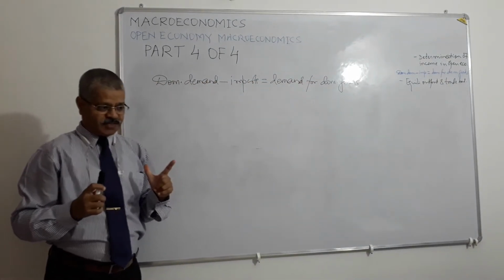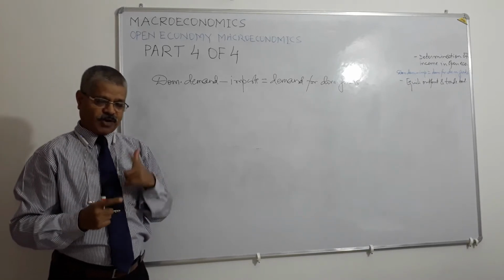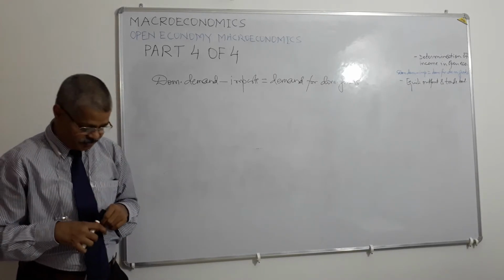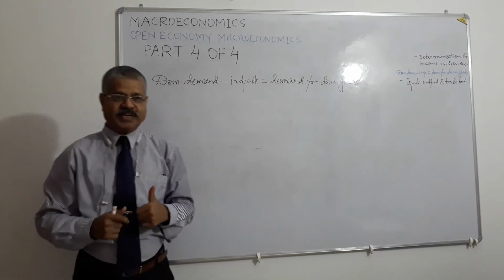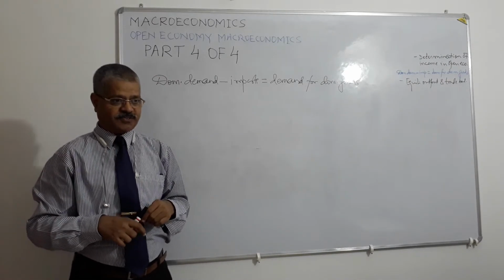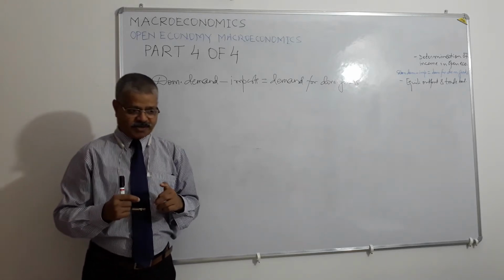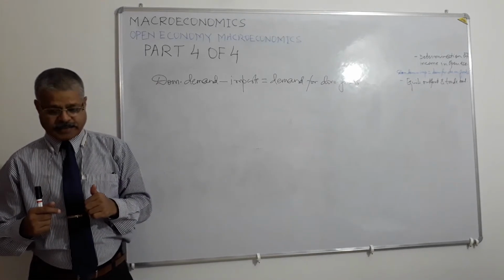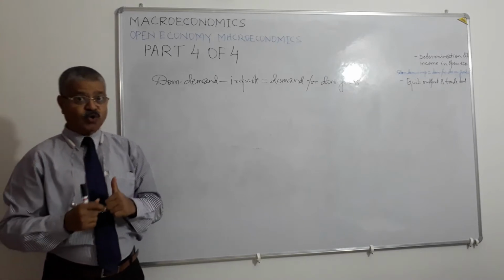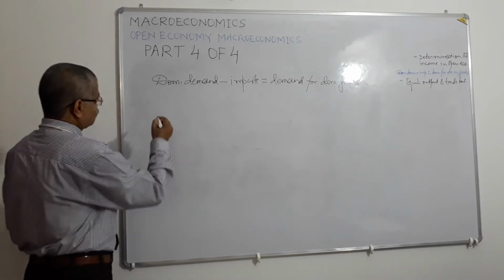We have discussed that exports depend on foreign income plus the real rate of exchange. Imports depend on domestic income and the real rate of exchange, right? Demand for imports depends on income and it has an autonomous component. What is an autonomous component?